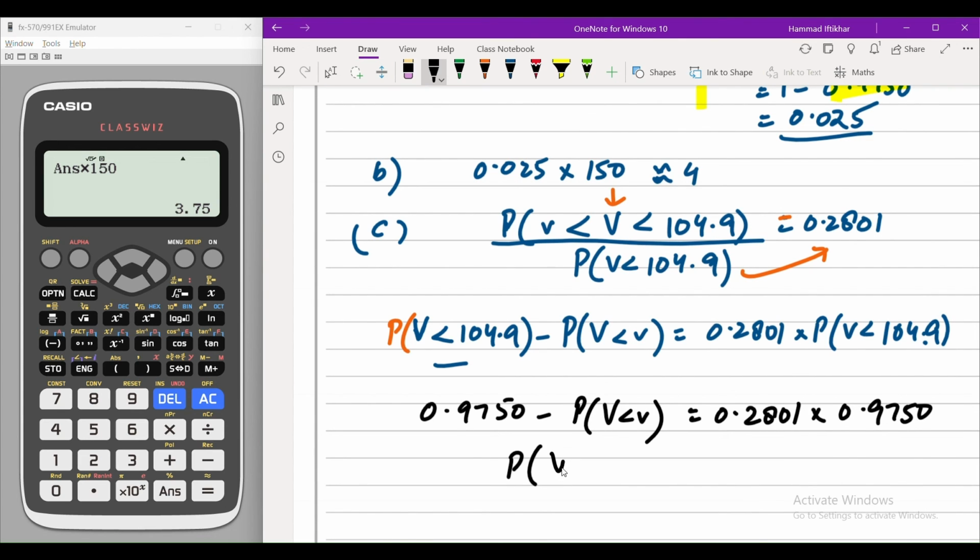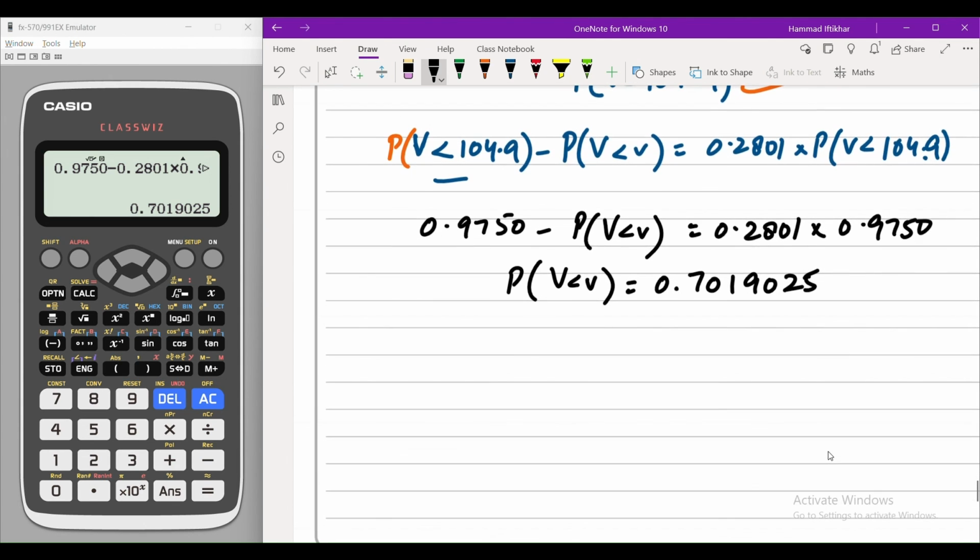So the probability of V less than v would be just simply 0.9750 minus 0.2801 times 0.9750. So that is 0.701925. Okay, so we standardize this.